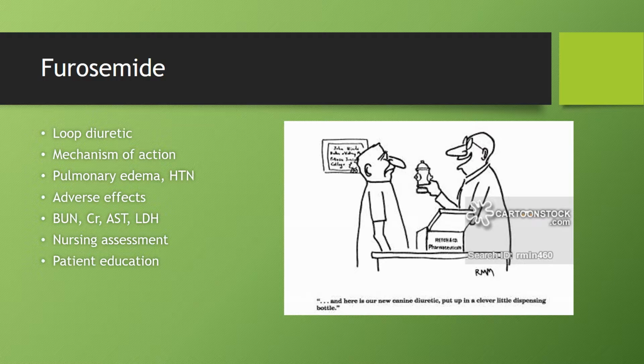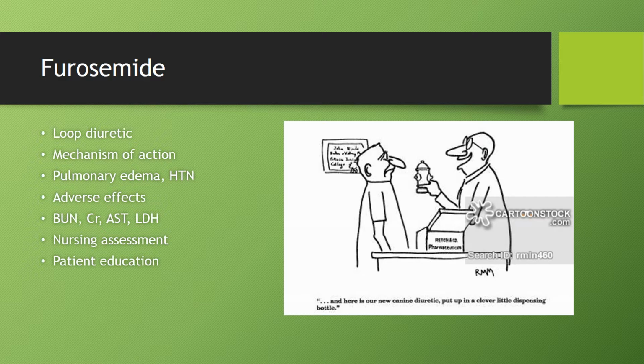Furosemide is used in management of pulmonary edema and edema associated with heart failure, liver disease, nephrotic syndrome, and ascites. It can also be used in the treatment of hypertension that's caused by heart failure. It is available in oral form as a solution, tablets, and injectable form.